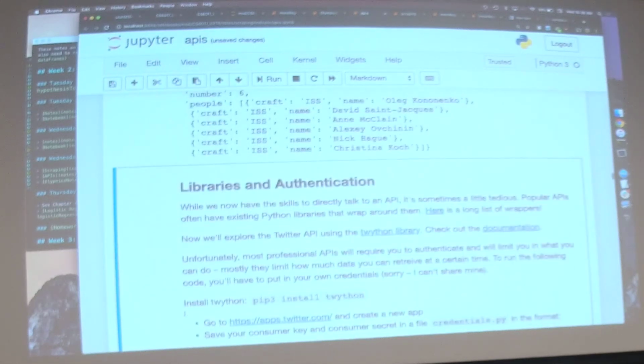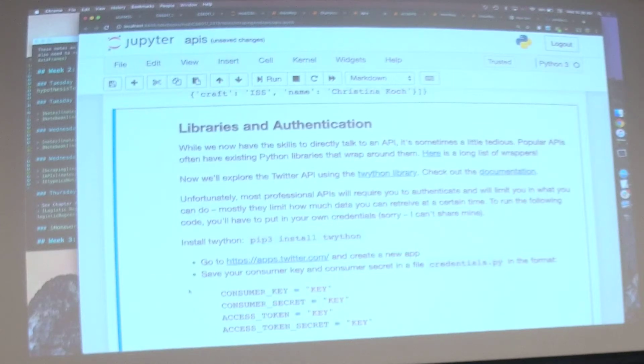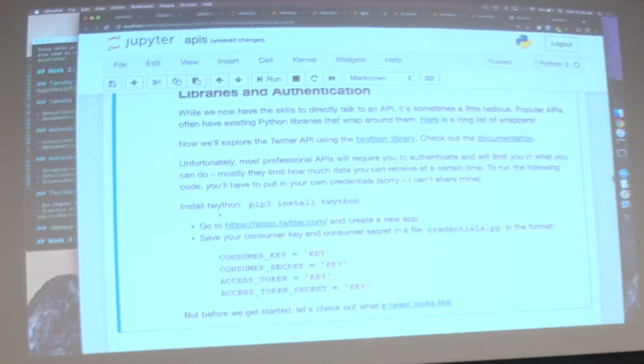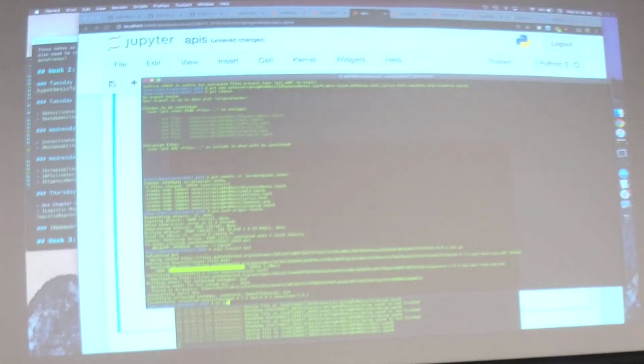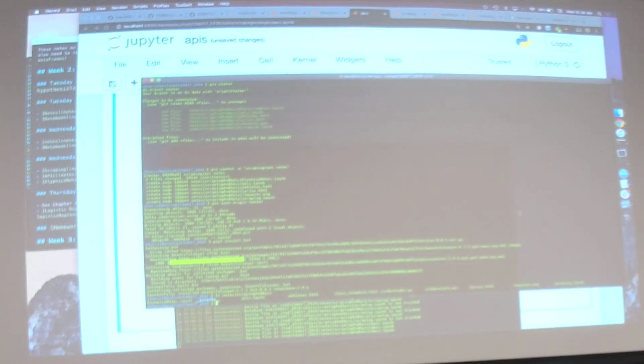So the next one we'll look at is Twitter. So this one, you do need to authenticate. I have my Twitter credentials stored in this file here.